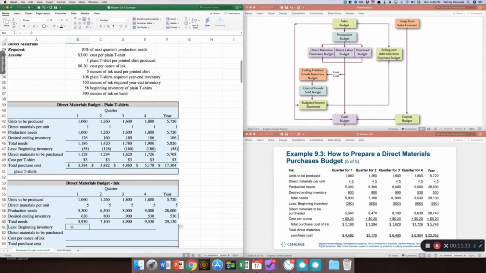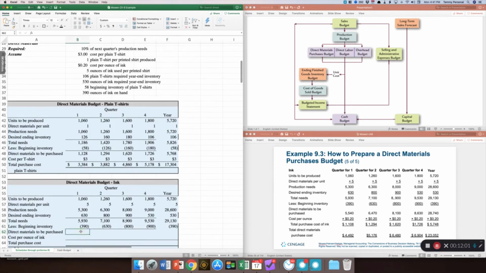So we take the negative of this figure here for the first column, and then for the second quarter, our beginning inventory is going to be the negative of our ending inventory for the preceding quarter. We do that all the way through. Our beginning inventory for the year is that 390 number, right?